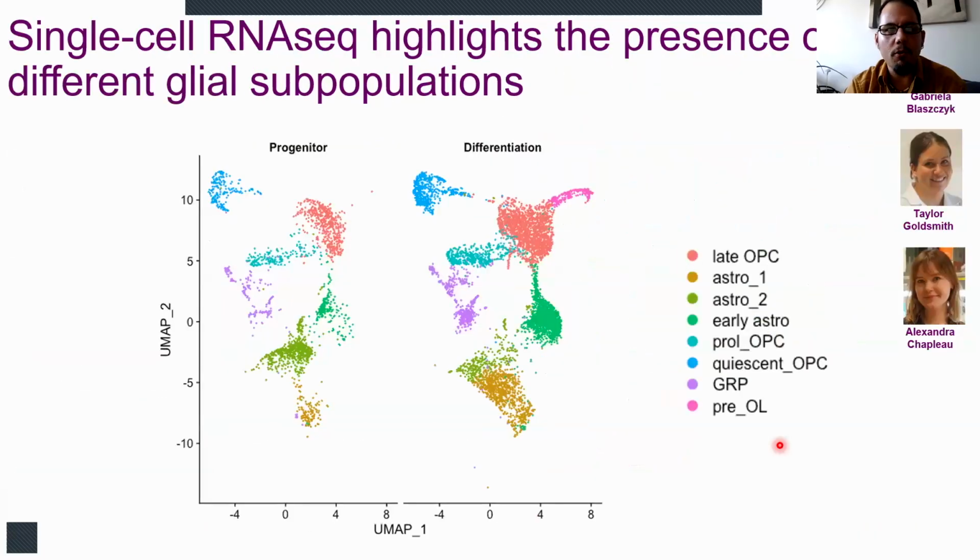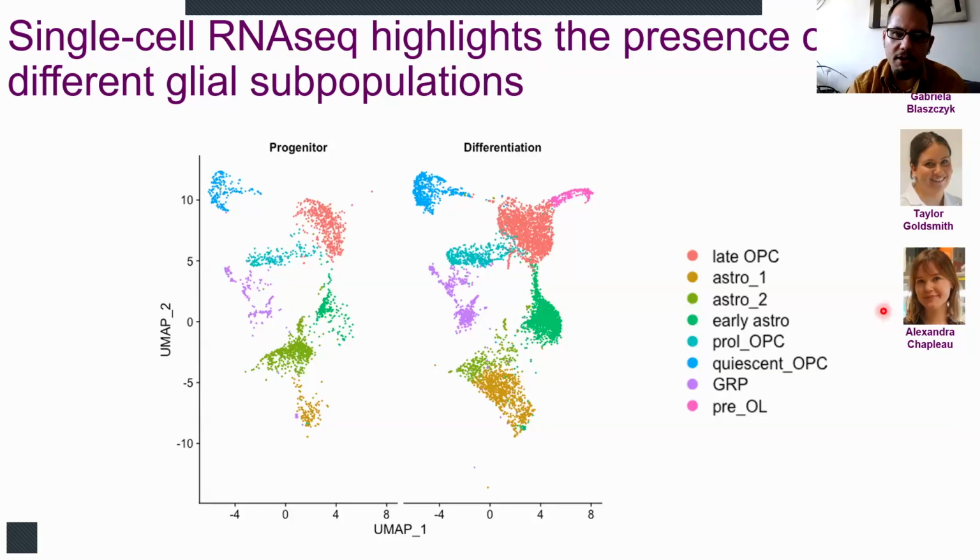To do so, we performed single-cell RNA-seq on both our cells in OPC medium and cells in differentiation medium. This is work done mainly by Taylor, Gabriella, and Alex on two different types of cells, both our 3450 SOX10 cells and other patient-derived control cell lines.